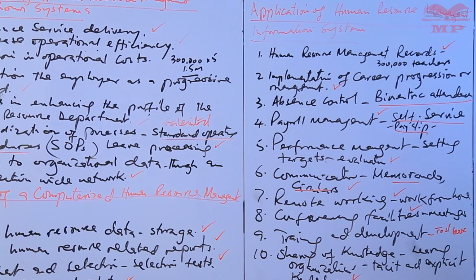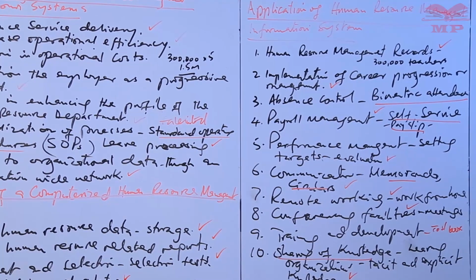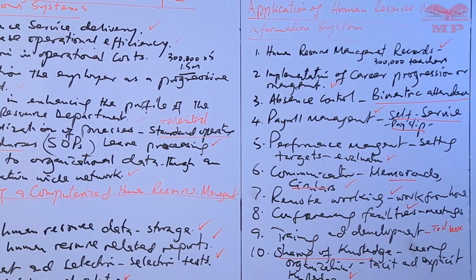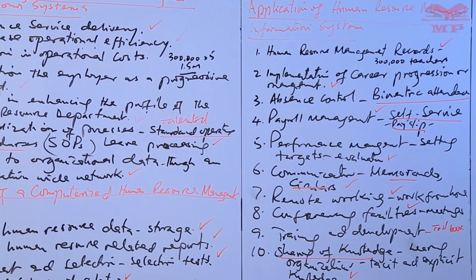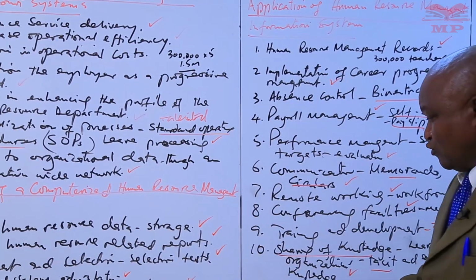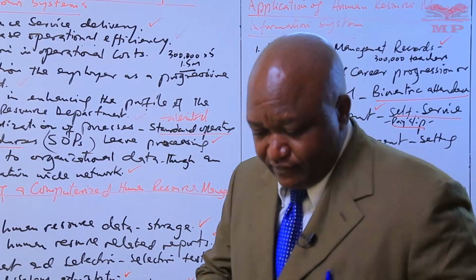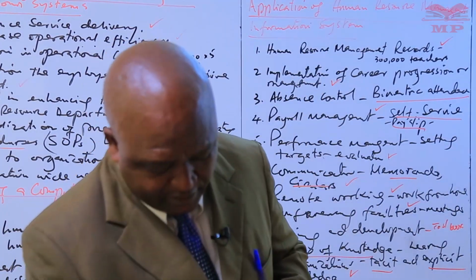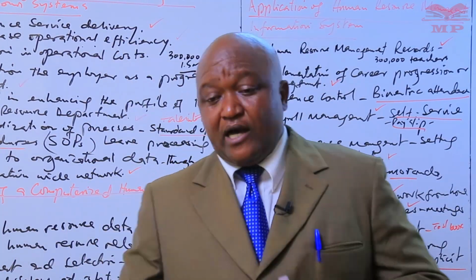And number 10, we have indicated that where you have a human resource management information system, one of the applications could be in sharing knowledge, especially where you have learning organizations, and this may capture tacit or explicit knowledge to make that particular organization have a competitive advantage in terms of its operations.